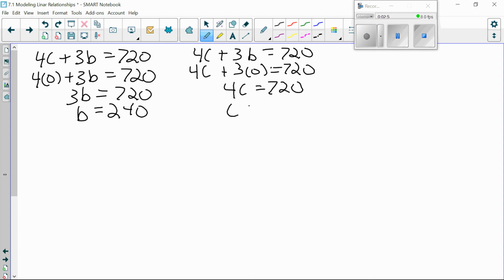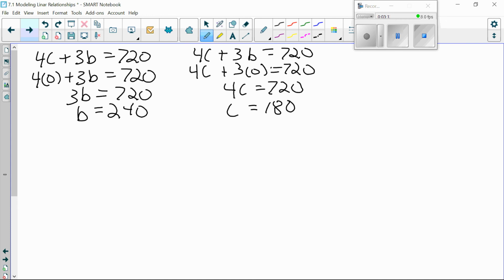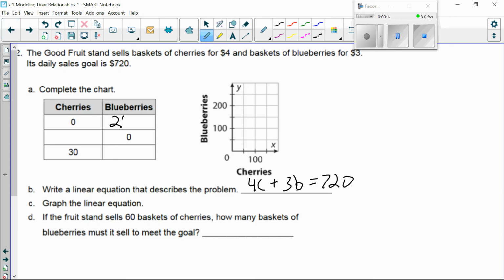Divide by 4, and C is going to be equal to 180. So when I have 0 cherries, I need 240 blueberries, and when I have 0 blueberries, I need 180 cherries. I'm going to write that in here, 240 and 180, and that's all you need to graph.